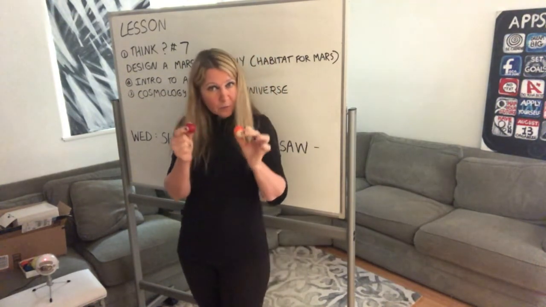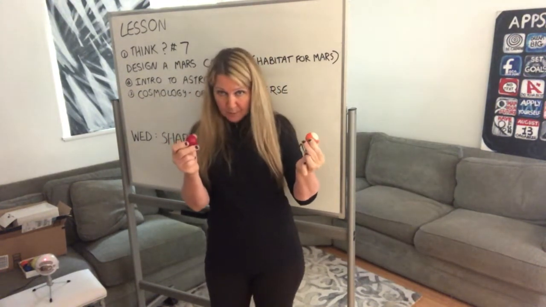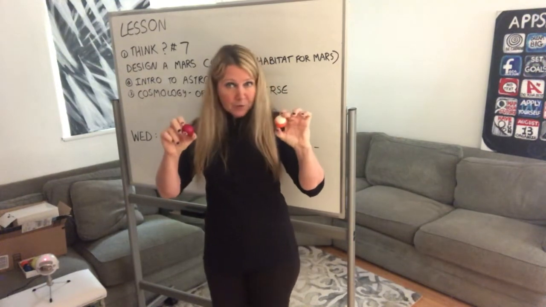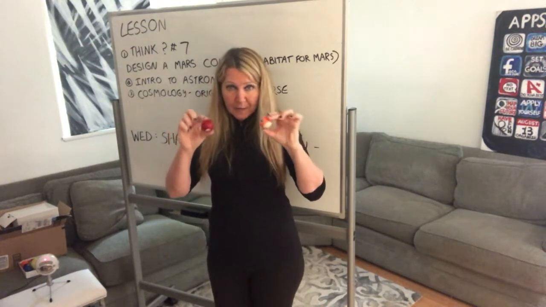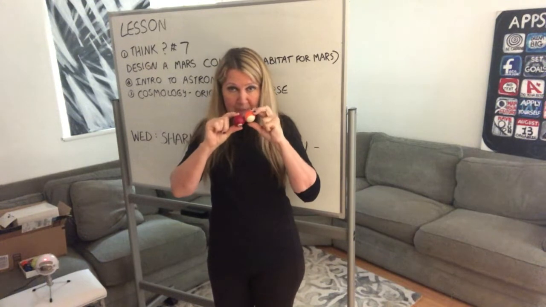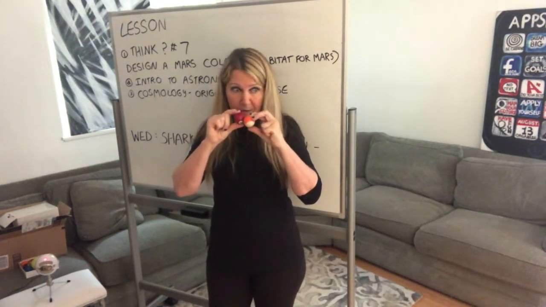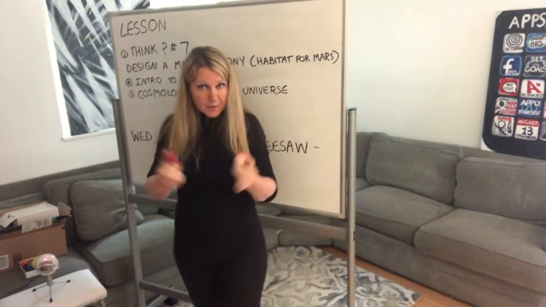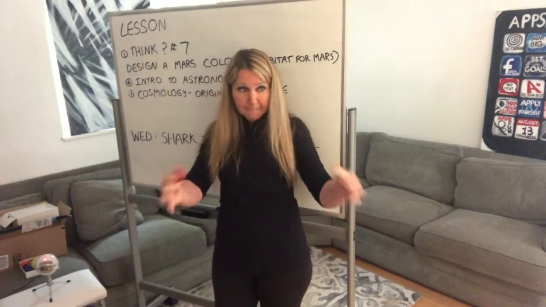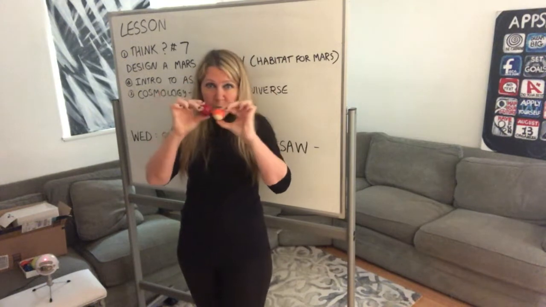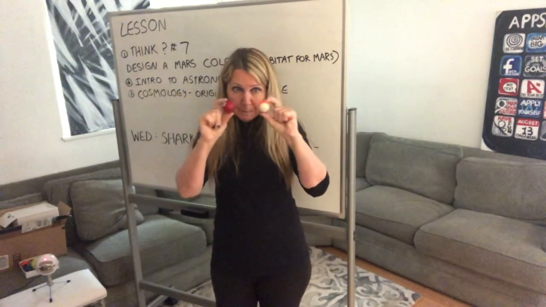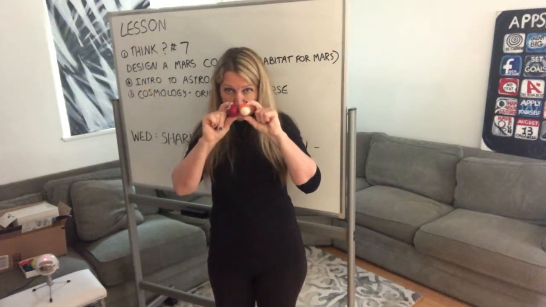And they also produce a lot of energy. This nuclear fusion reaction generates a lot of energy in the form of heat and light. This is why the stars are bright, because the nuclear fusion reaction creates heat and light.